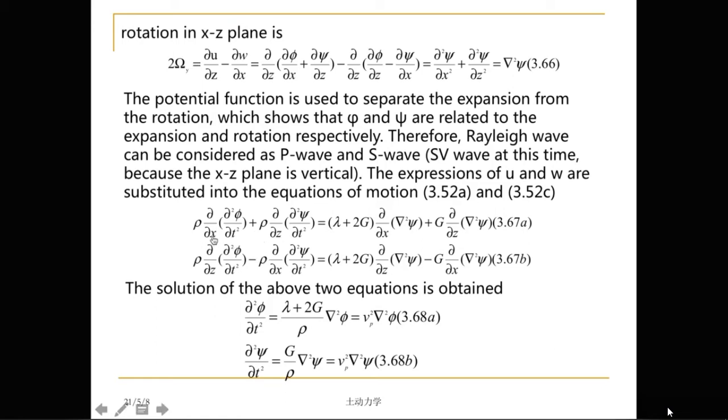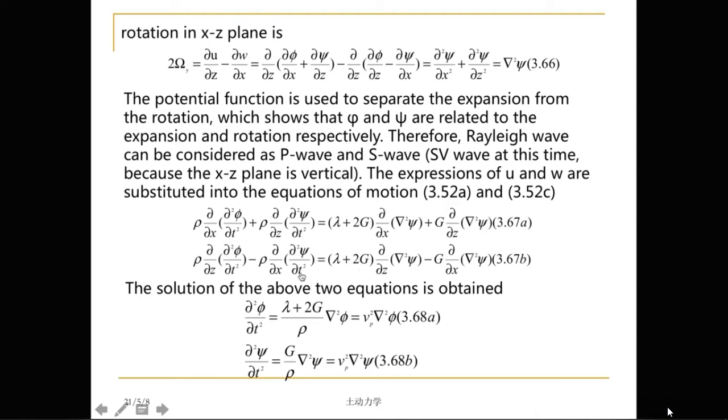Let's see equation A: rho d/dx d²phi/dt² plus rho d/dz d²psi/dt² equals lambda plus 2G times d/dx Laplacian of phi plus G d/dz Laplacian of psi.